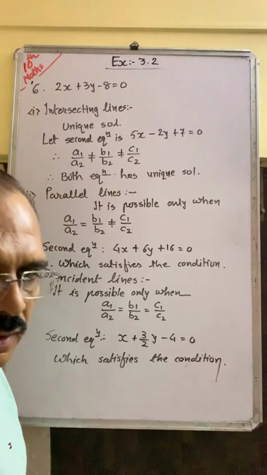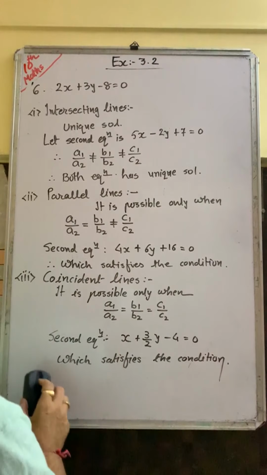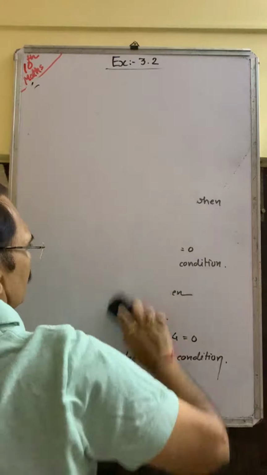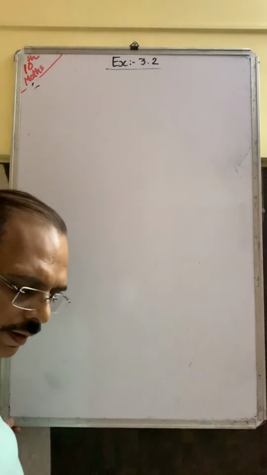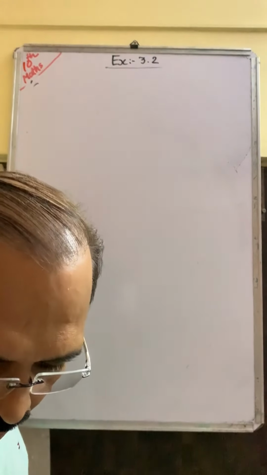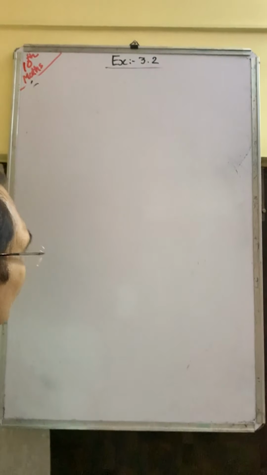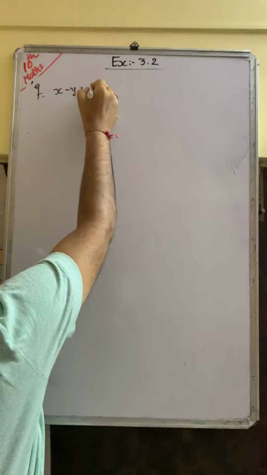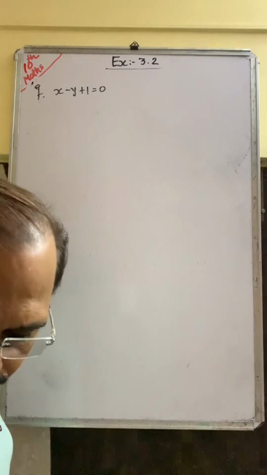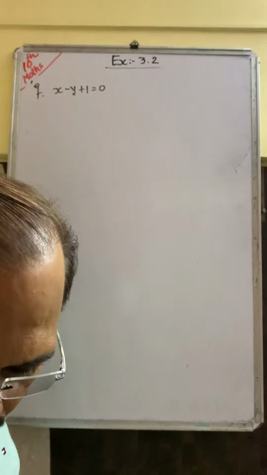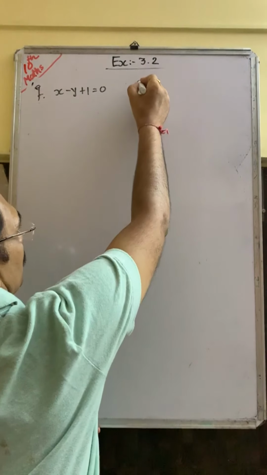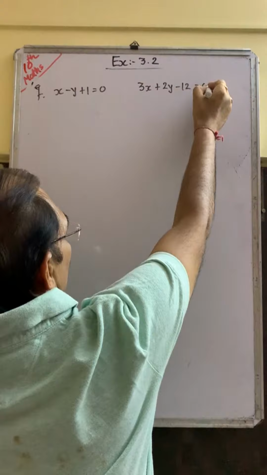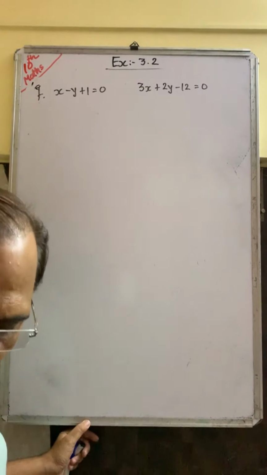And the last question of this exercise, question number 7. Draw the graph of the equations x minus y plus 1 equals 0 and 3x plus 2y minus 12 equals 0.